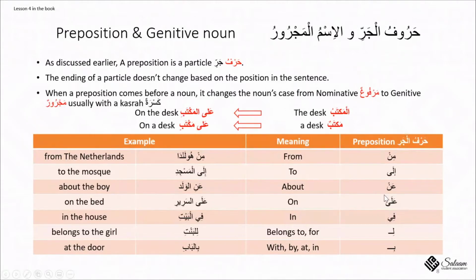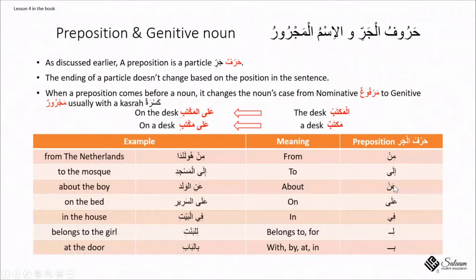I think you should know this information if you know reading the Quran. In the Quran, you'll always have a small alif here that reminds you that this is an alif, not a ya. So this is ala. But here it's fi, because we have 2 points here.